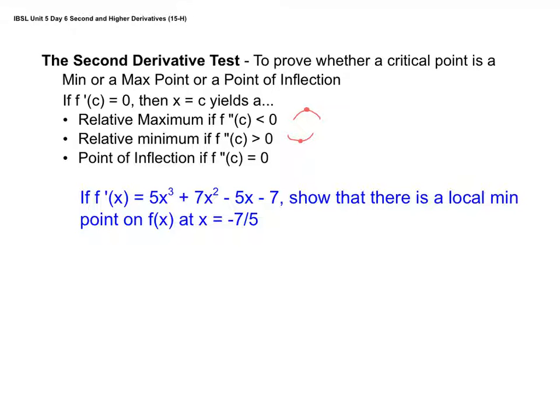So the second derivative test will identify all plateau points, which are points of inflection.